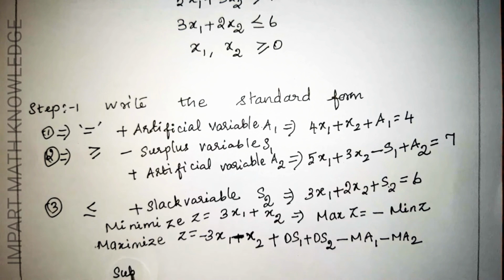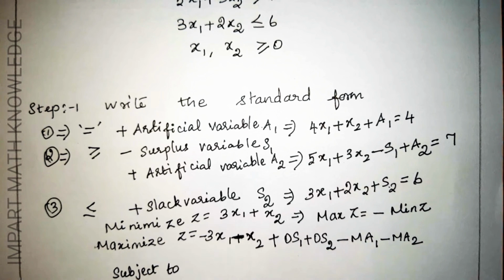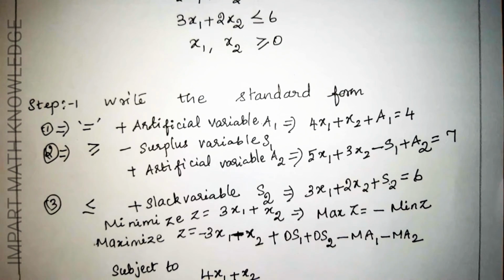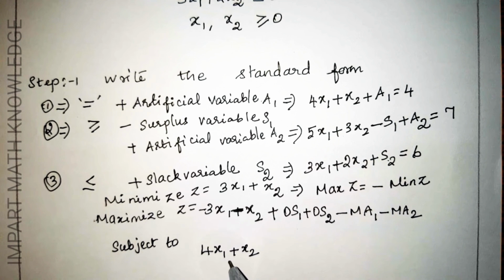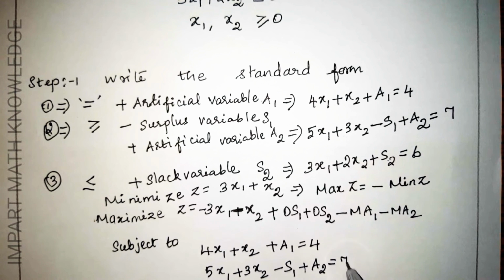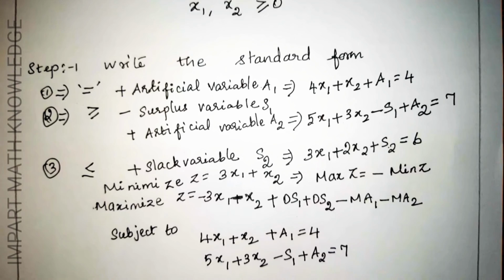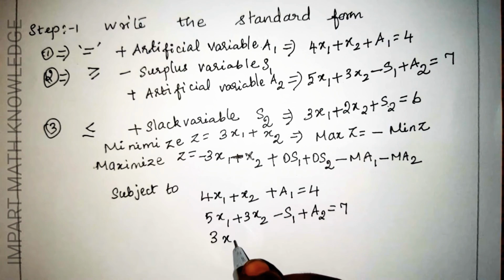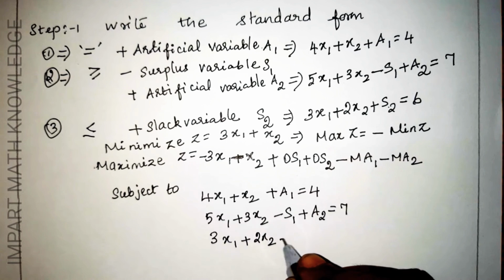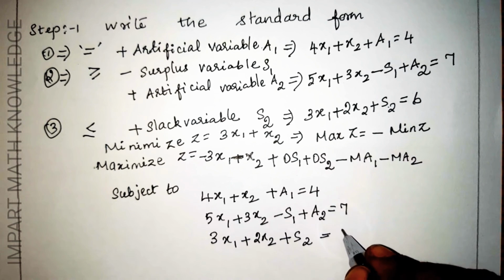Subject to 4x1 + x2 + a1 = 4, 5x1 + 3x2 - s1 + a2 = 7, 3x1 + 2x2 + s2 = 6.